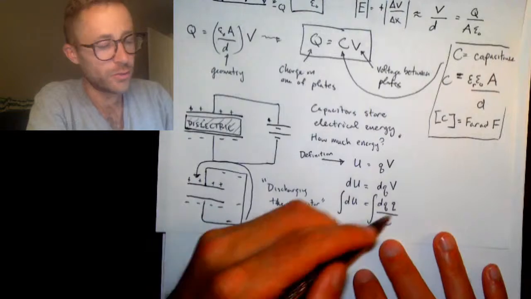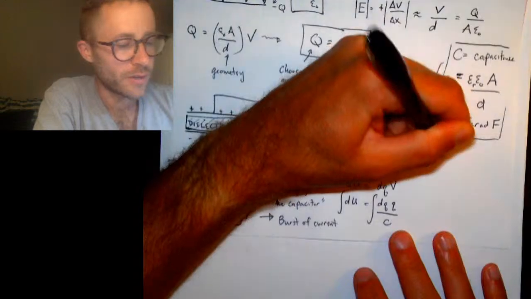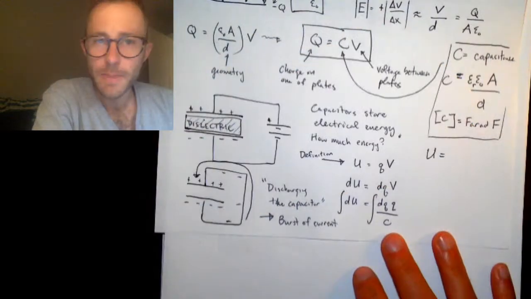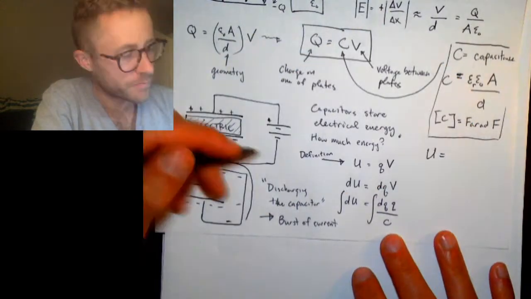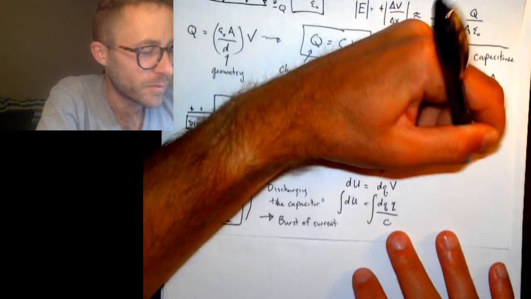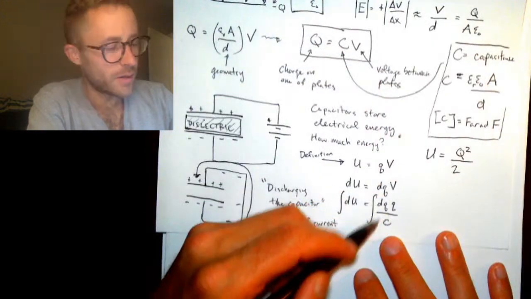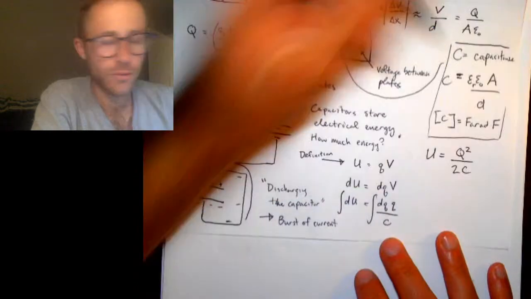So the energy stored in the capacitor is q squared over 2 from this integral, and then we also have the 1 over c. So we get q squared over 2c.